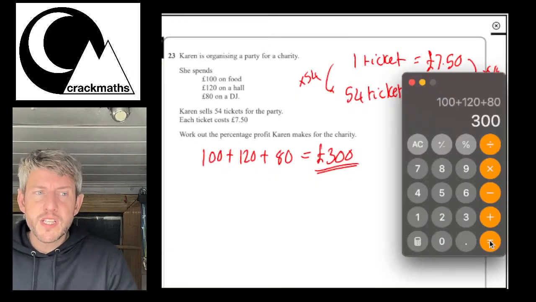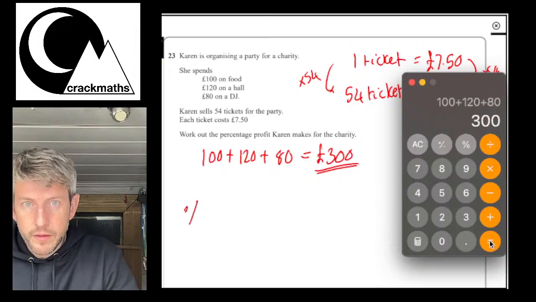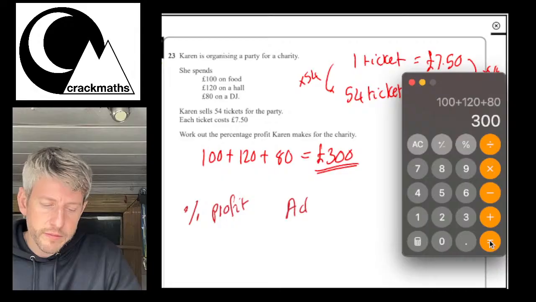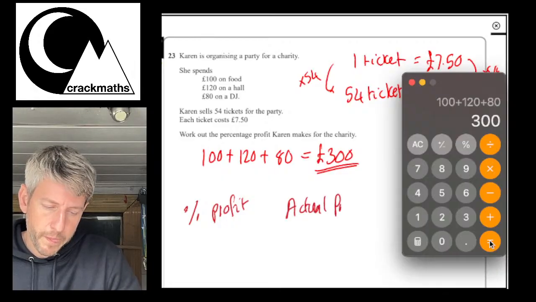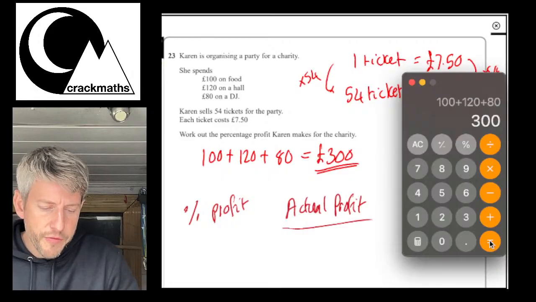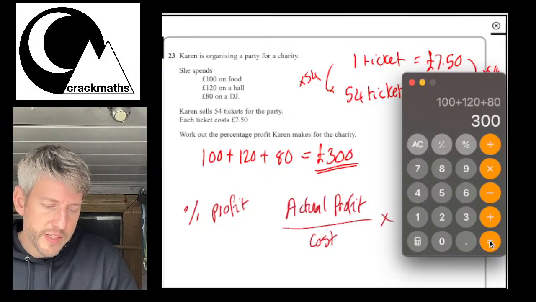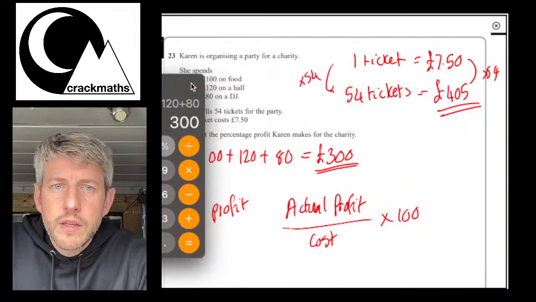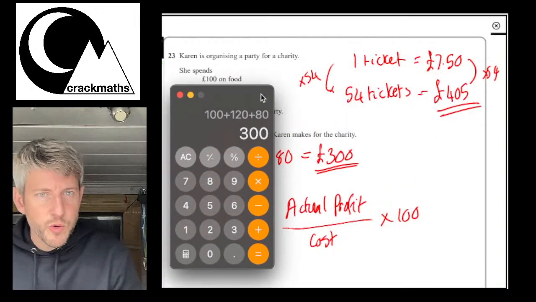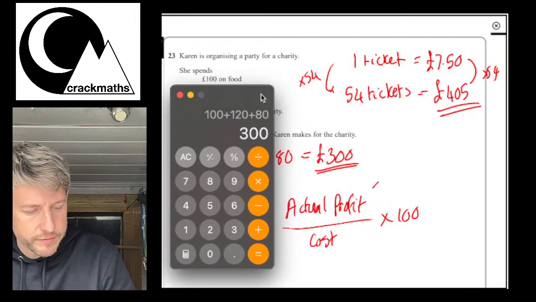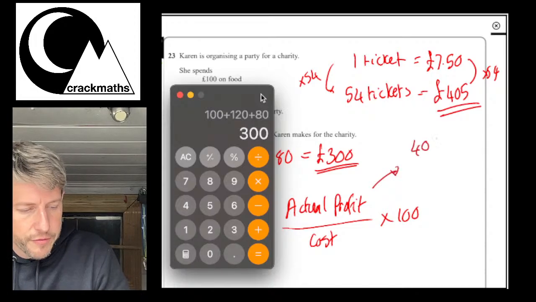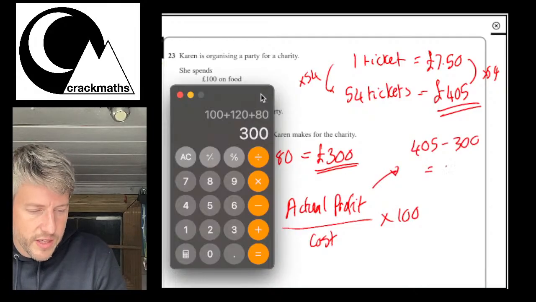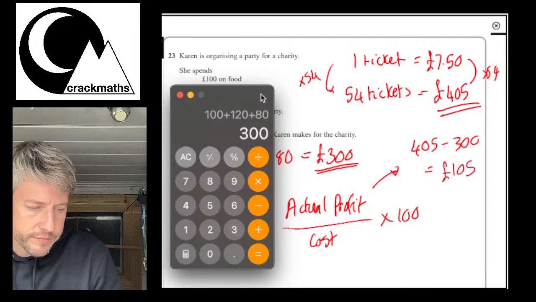Percentage profit is the actual profit over the cost, and then times 100. So let's work out the actual profit first. The actual profit is 405, take away the 300. So that's going to be £105.